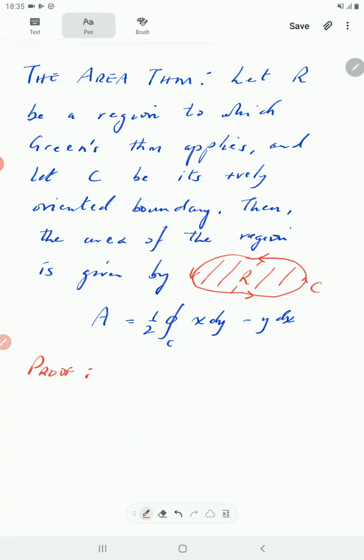So let's prove this. According to Green's theorem, in this line integral, we have P is negative 1/2 y, because P is the coefficient of dx, Q is 1/2 x.